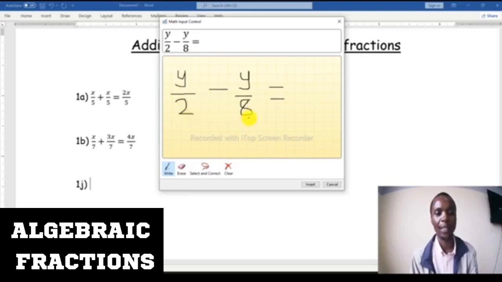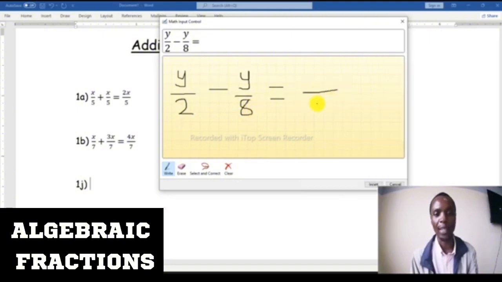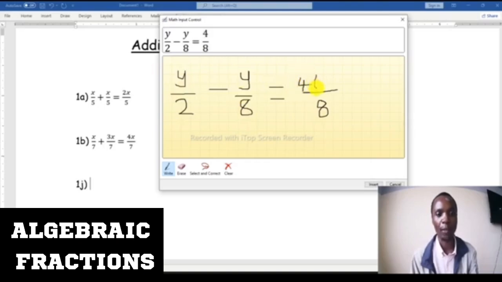In this case, the lowest common multiple would be 8. So we maintain this 8. Then 2 into 8 gives 4, and 4 times y gives us 4y.